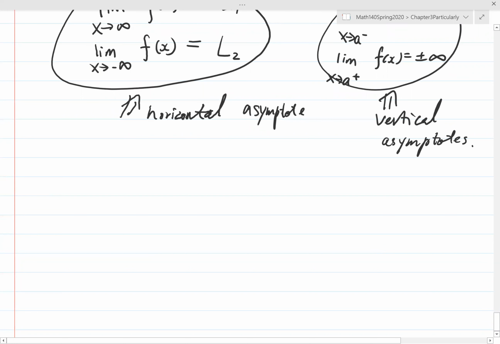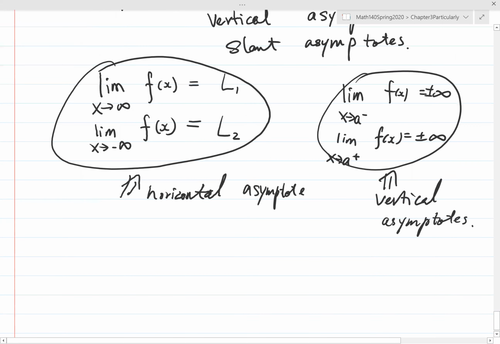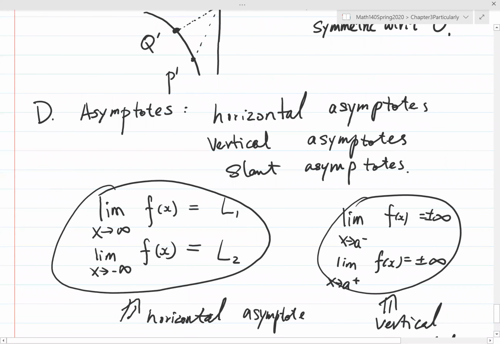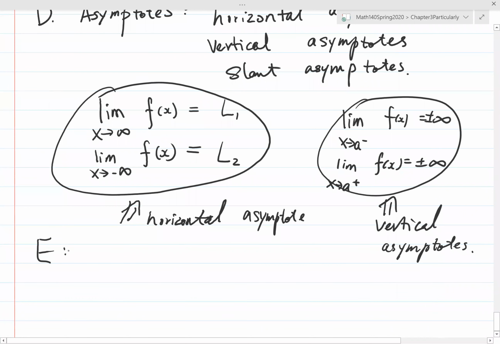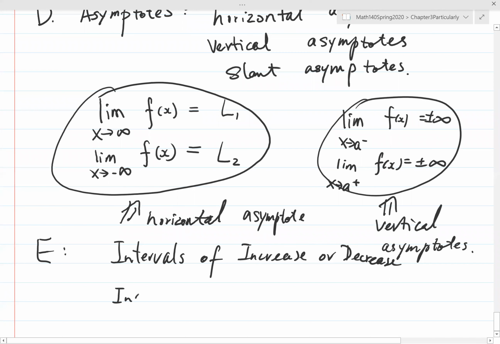And then other properties are the intervals of increase or decrease. What we do is use the increasing/decreasing test.